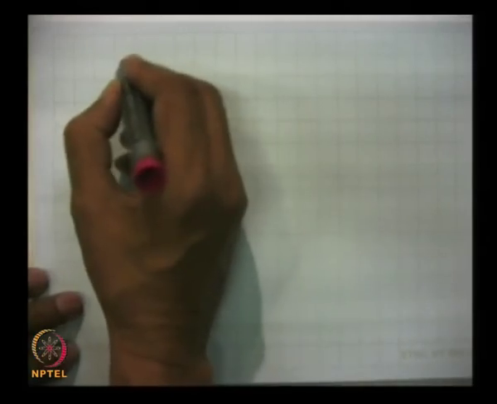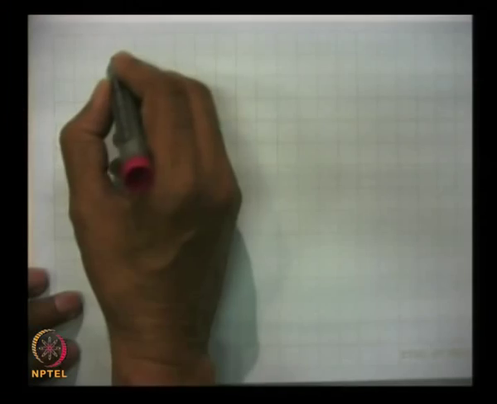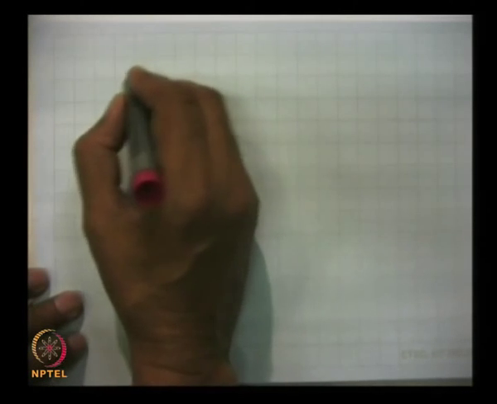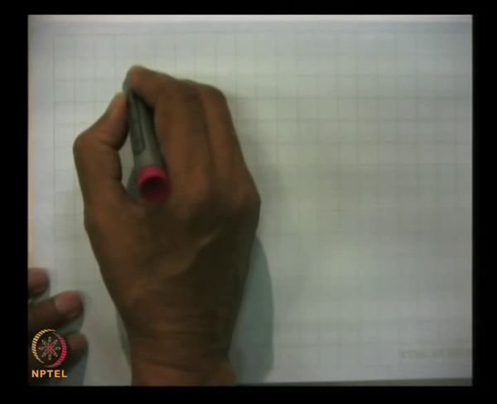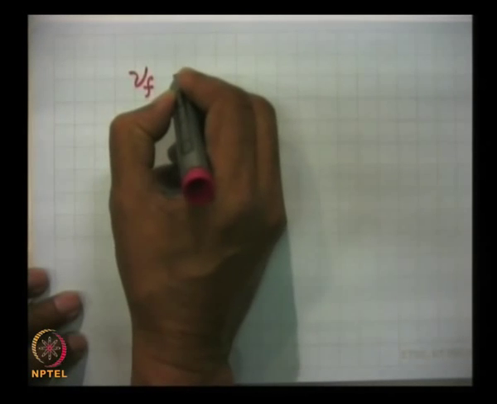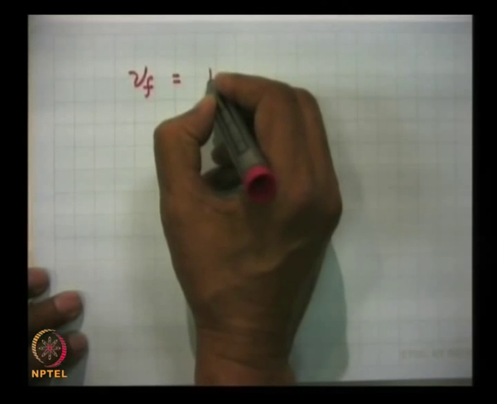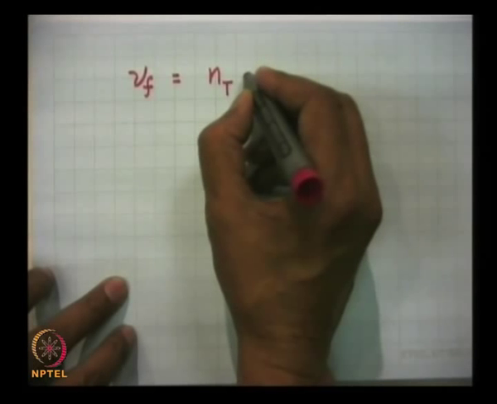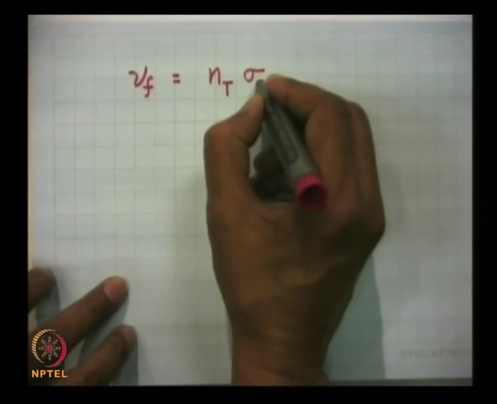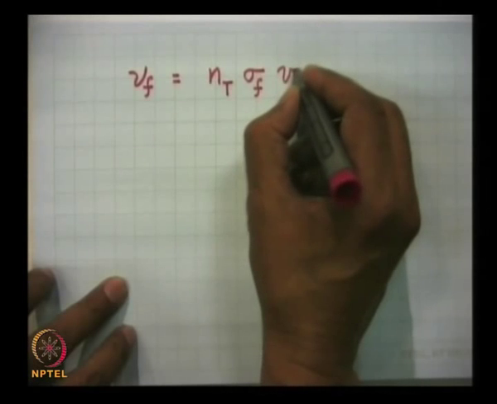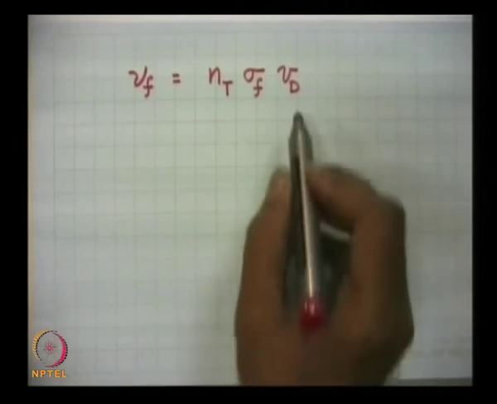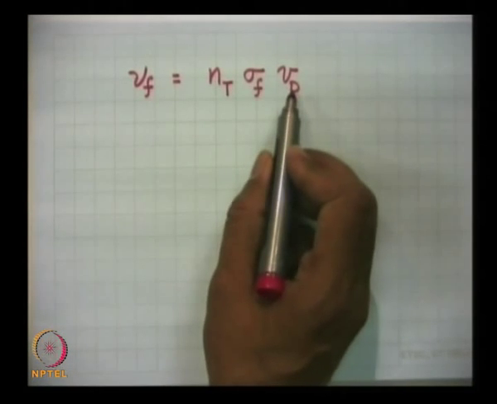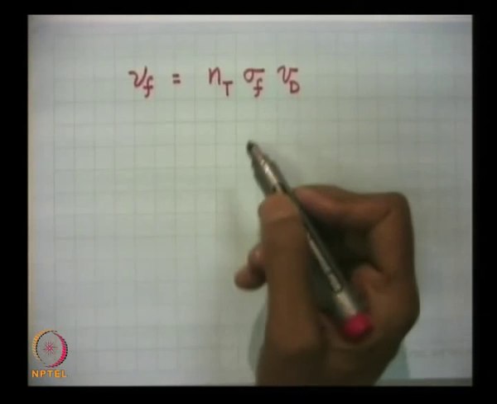The number of fusion reactions a particle, say deuterium, will undergo with tritium is defined as, I will call this nu f, which is equal to the number of tritium ions per unit volume into fusion cross section into thermal velocity of deuterium. Collision frequency normally is a product of density, collision cross section into thermal velocity. This is the kind of thing.